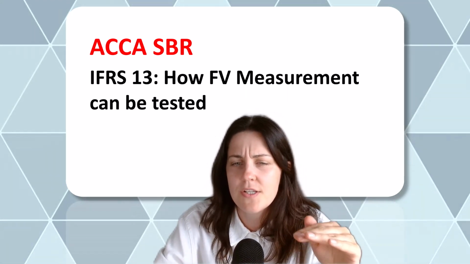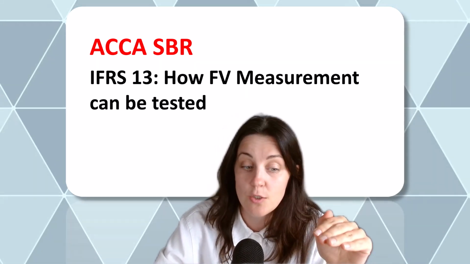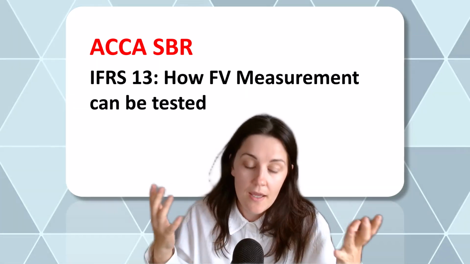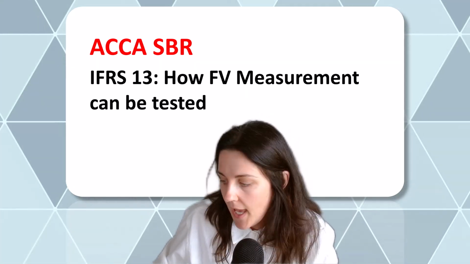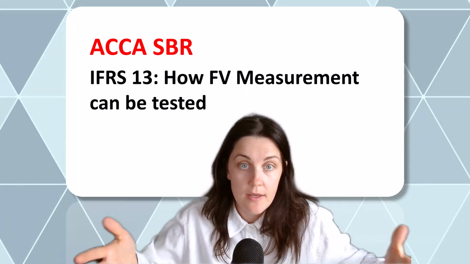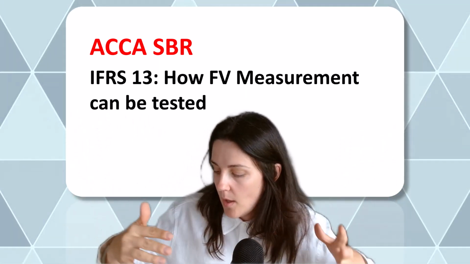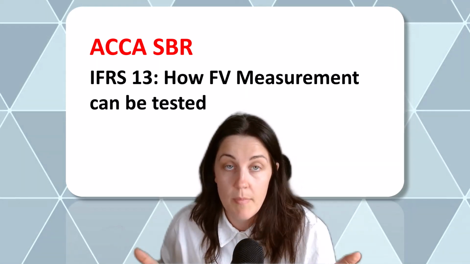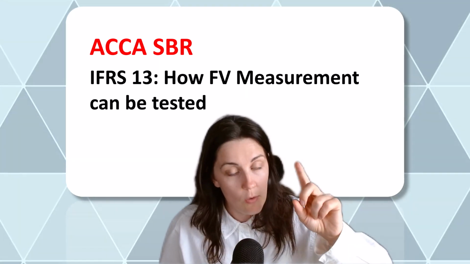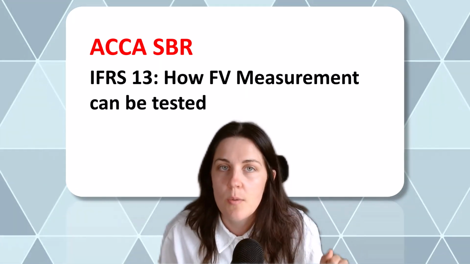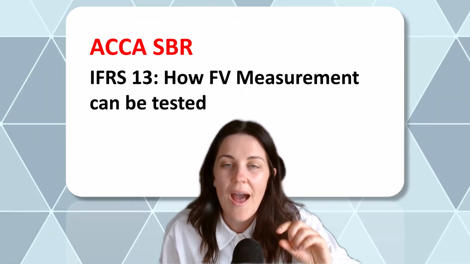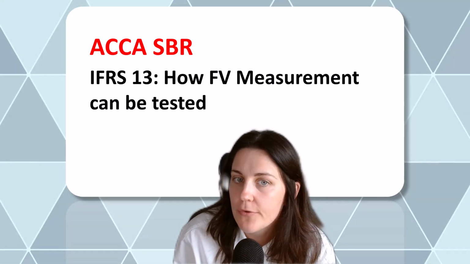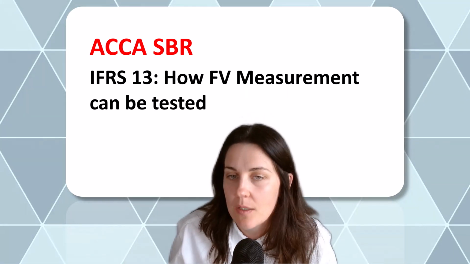And finally, the thing that is ignored by the majority of students but is tested quite frequently is the 3 levels of inputs. So for example, if a company wants to fair value shares and it knows that the shares have a market price of that much, but the management has calculated the future cash flows and they think that the fair value should be based on that, you are going to say no. Level 1 inputs, which is quoted price in an active market for identical assets or liabilities, are preferred over level 3 inputs, which are unobservable inputs.